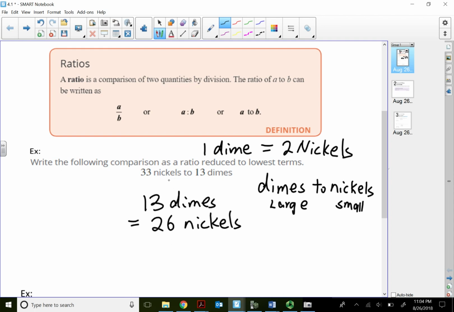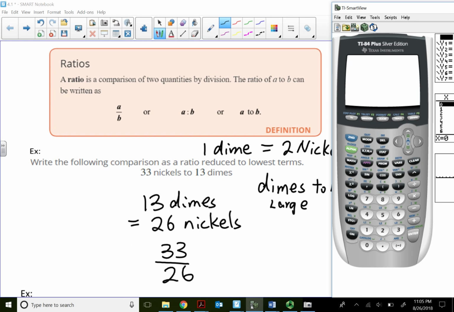So the problem starts with 33 nickels compared to 13 dimes. When I convert them into nickels, that will be 33 nickels to 26 nickels. Since I got nickels on top and nickels on the bottom, the units cancel out. That's the reason why ratios are unitless. In my graphing calculator, I'm just going to divide: typing 33 divided by 26. When I press enter, it gives me a decimal answer.